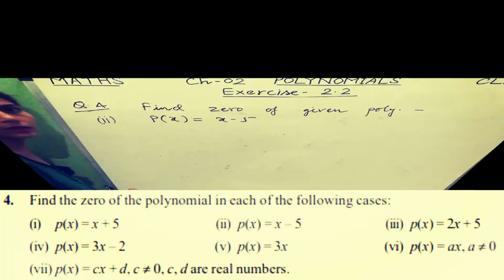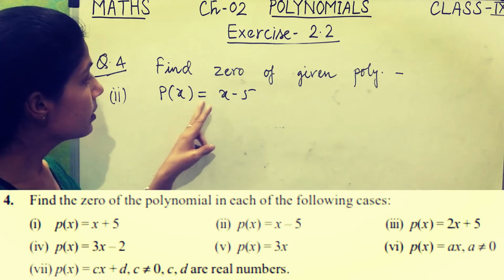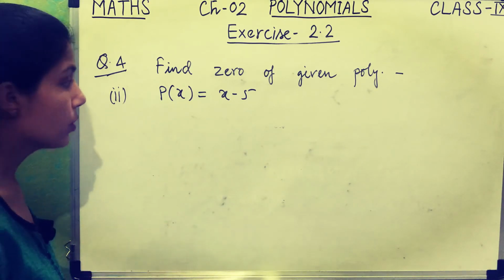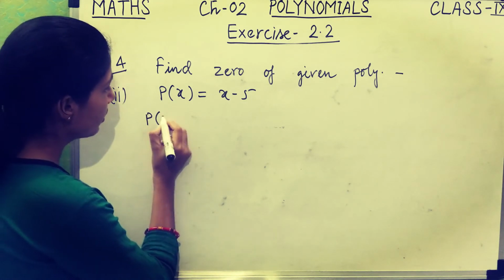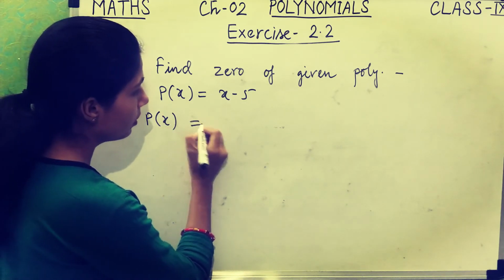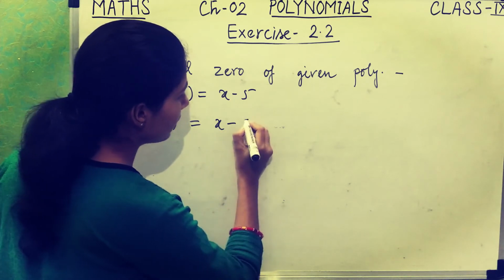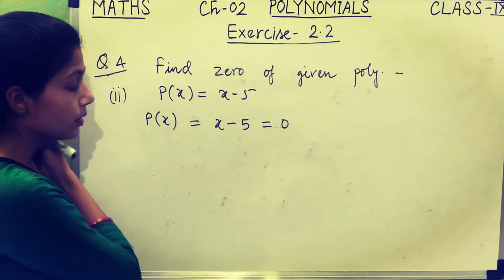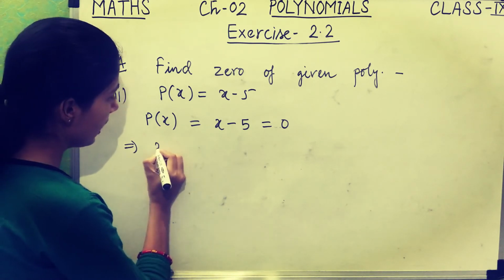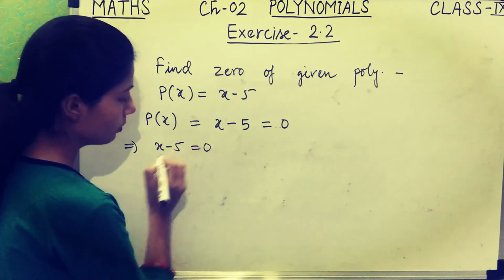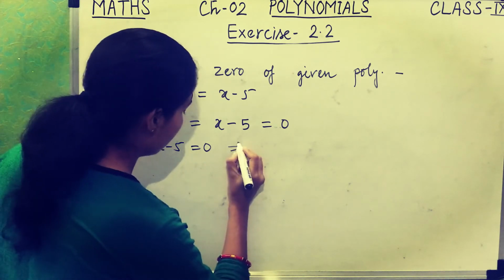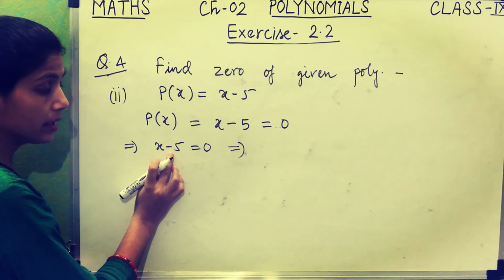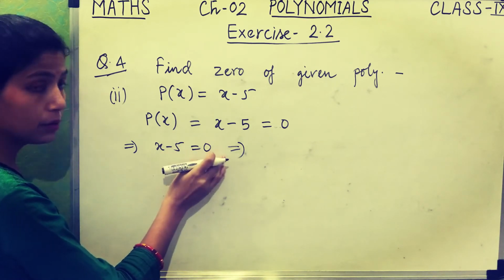Okay. Now the second part, p(x) equals to x minus 5. So you have to find its 0. The same procedure, you have to make this polynomial a polynomial equation like this. So if x minus 5 equals to 0, and you transpose this 5, that is here with negative sign, it will be added to this side.